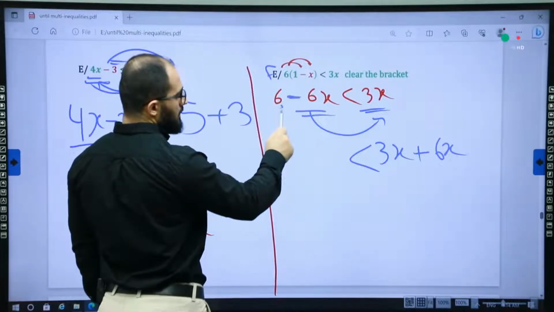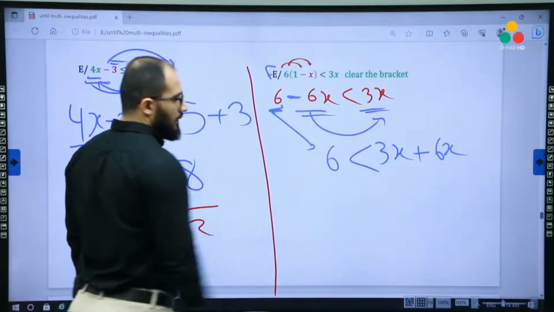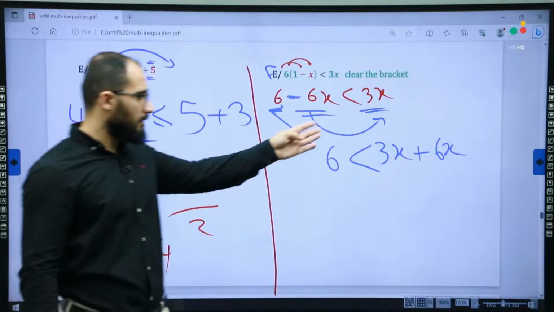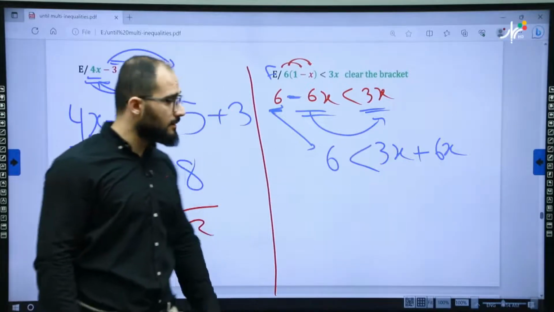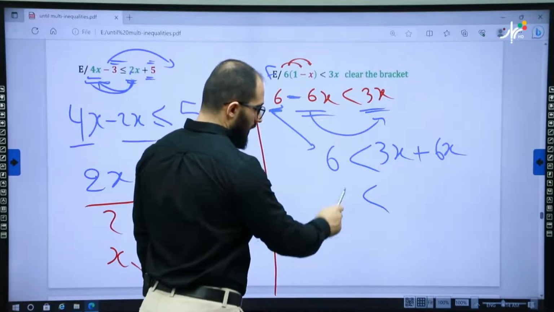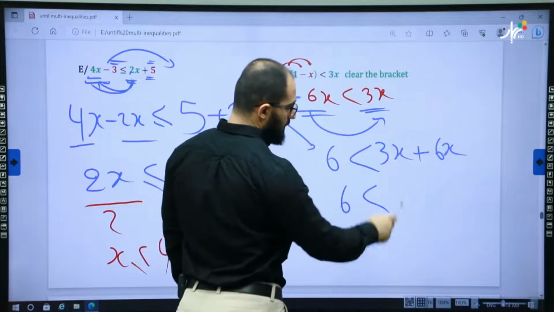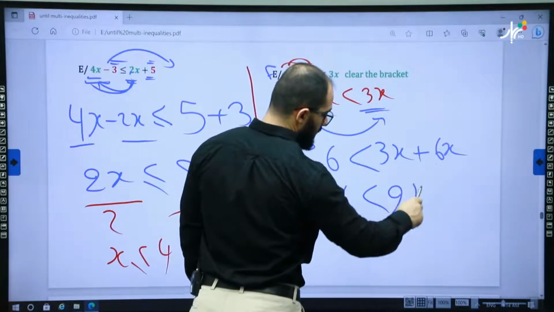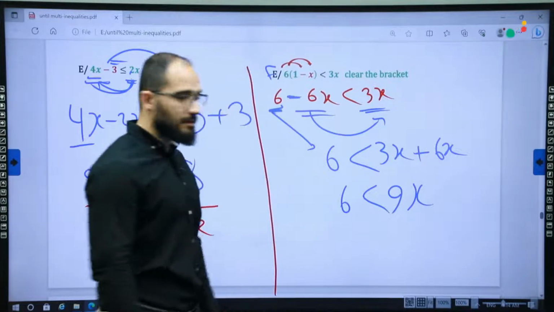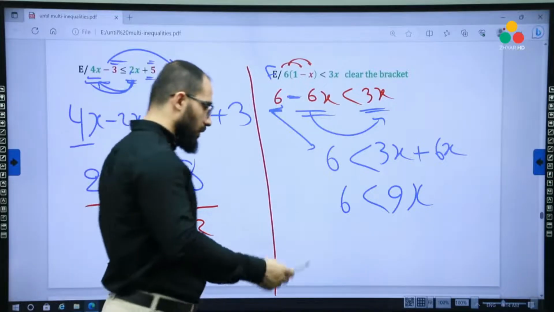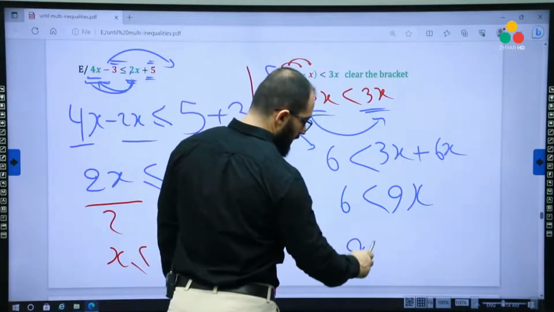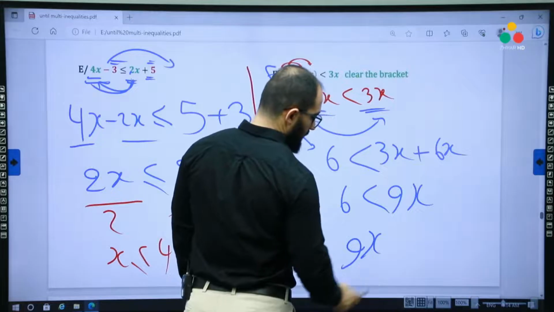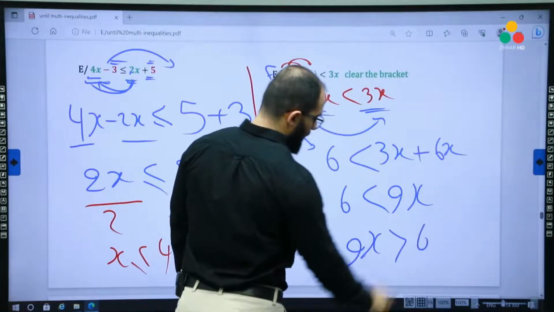And 6 stays here, so we got 6 less than 3x plus 6x. Okay, so write down 6. 3 plus 6 is equal to 9x. So 6 is less than 9x, or you can write 9x greater than 6.